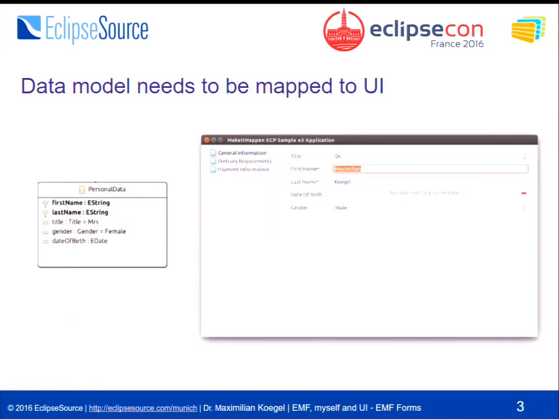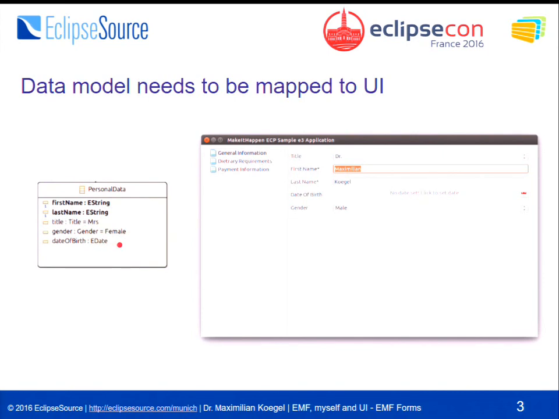The general idea that we follow is that you have a data model. In the example that we can see here, we have on the left-hand side a data model of personal data with a last name and a first name property of a certain type. And gender, for example, is an enumeration type, date of birth is an eDate type.